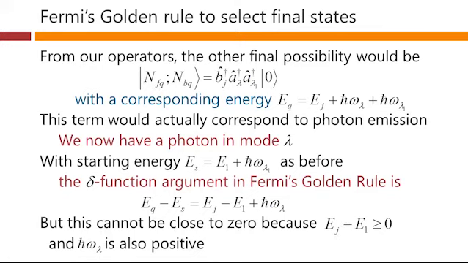And this photon energy is also a positive number. So there's no way that this delta function argument here can equal 0. So this state, although it would have a finite matrix element, if we start out with the electron in state 1 and a photon in mode lambda 1, we cannot get the delta function argument to work.